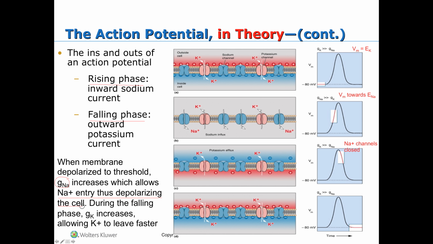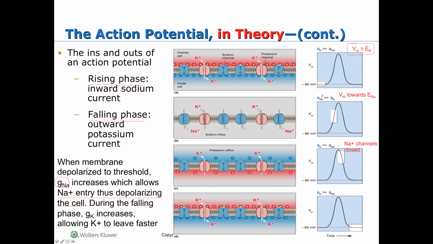As you get more and more positive ions coming into the cell, you are depolarizing the cell, meaning that you are driving the membrane potential to a more positive value. At negative 80 millivolts, the equilibrium potential of potassium, your membrane potential is equal to the equilibrium potential, and you don't have any movement.